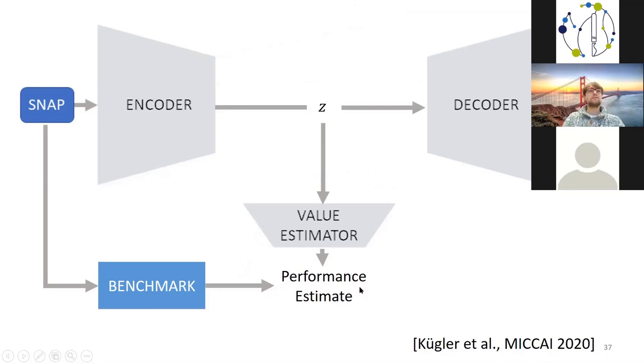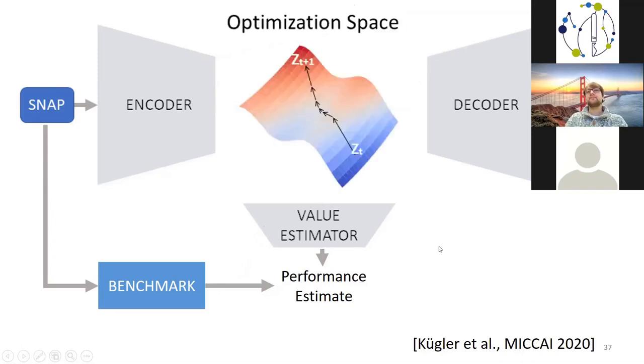Now we have this whole design of how we learn the setup, and the last question is, how do we search for new architectures? Now this Z space comes into play more prominently. We will benchmark a specific architecture, so we have a known good architecture.